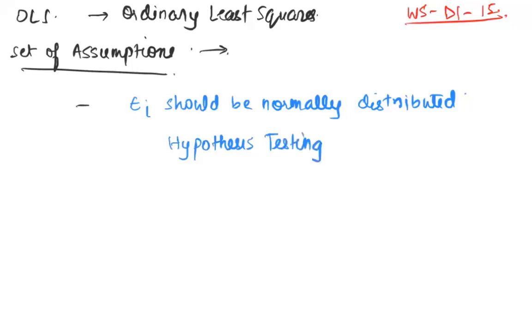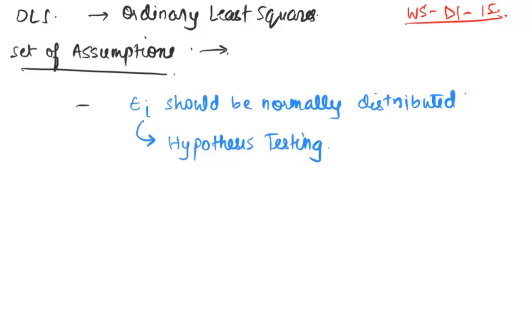Like we discussed, there is an estimation step involved inside the linear regression model that we are hoping to build. We are going to do hypothesis tests for those estimates, and those hypothesis tests require the error term to be normal. So the normality of the error term or the residual term is important for us to be able to run a lot of hypothesis tests that we are going to run later on.